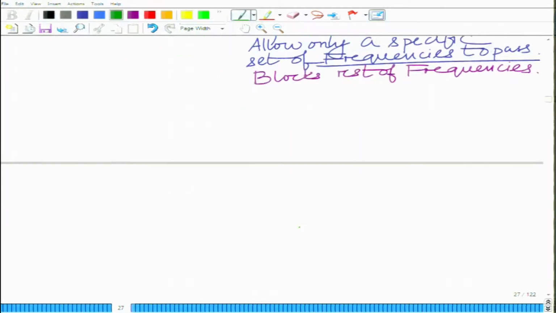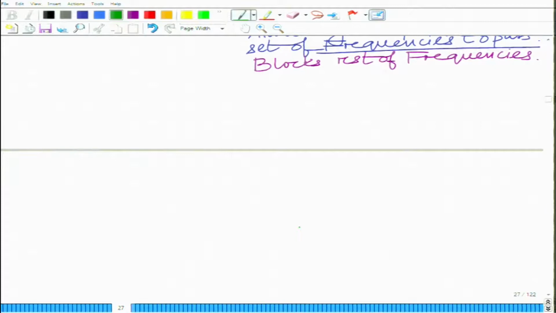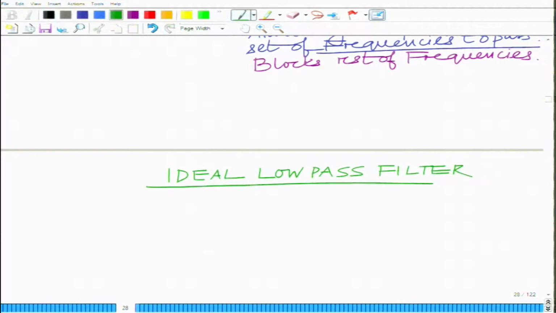Okay. For instance, we have an ideal low pass filter. As the name implies, an ideal low pass filter allows only the lower frequencies to pass through.